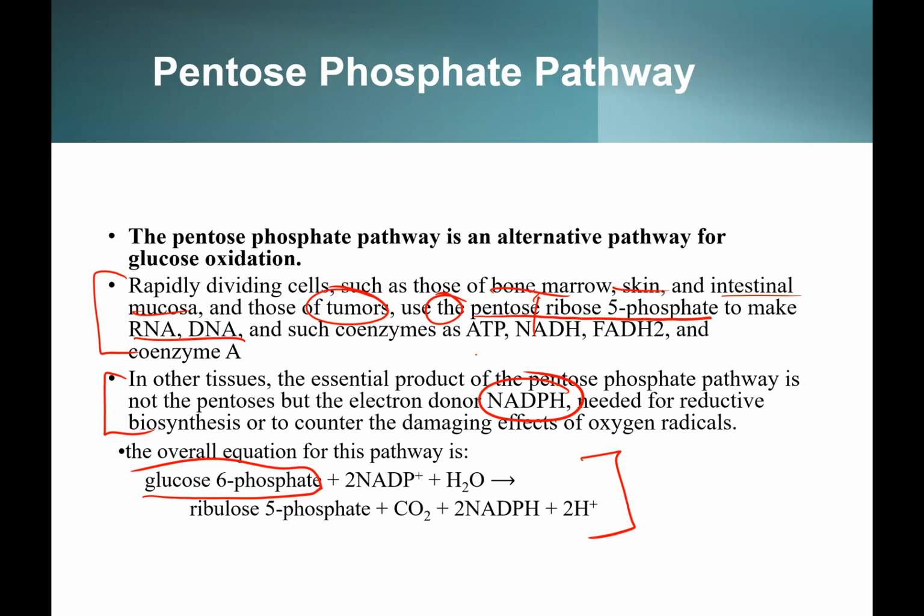So, the overall pathway: glucose 6-phosphate combines with NADP+, with some water thrown in. We form ribulose 5-phosphate that can ultimately be converted to ribose 5-phosphate or not. And we get our NADPH, right?